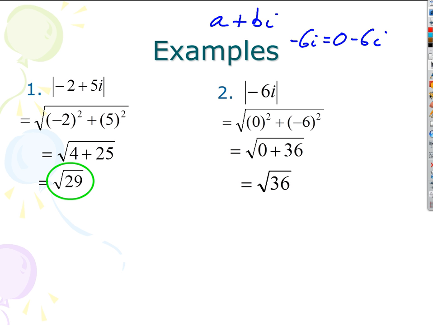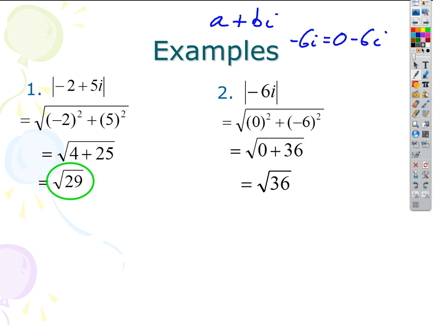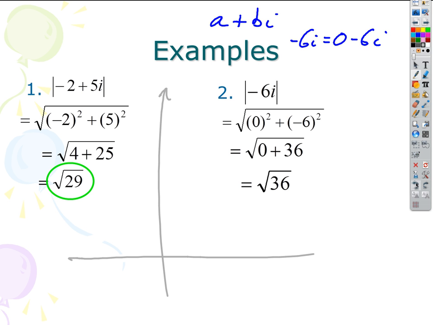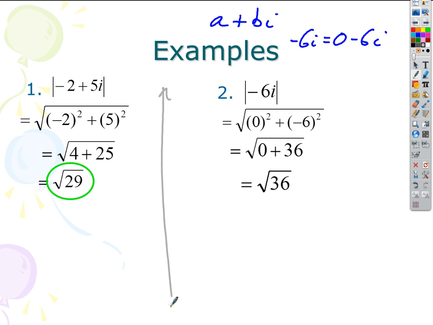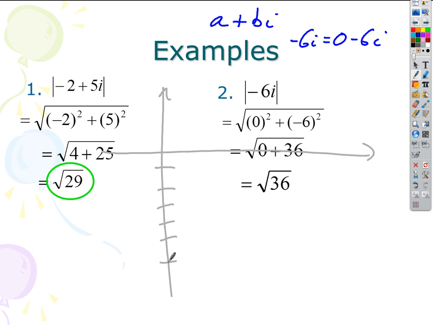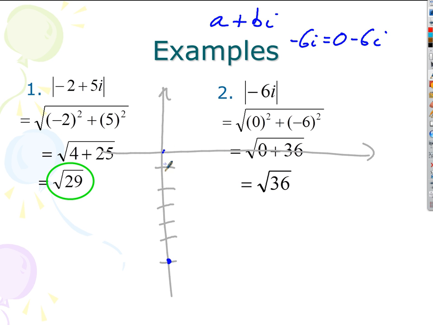If I were to graph it, it's easier to see. Look, if I graph this guy, well, there it is, right? How far is that from 0, 0? Just count down. 1, 2, 3, 4, 5, 6. That's it. I don't have to do anything fancy.